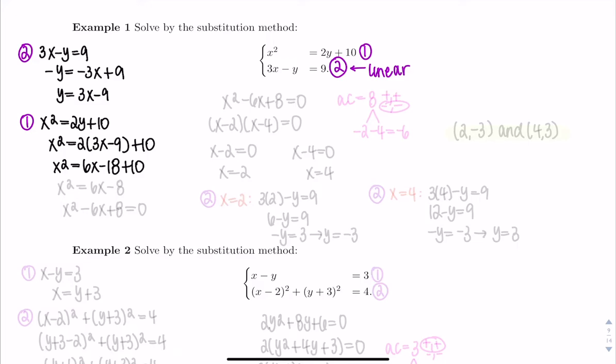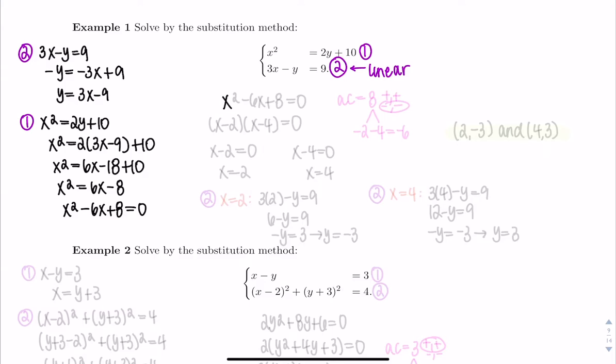We can combine like terms. So we have x squared equals 6x minus 8. Let's go ahead and set this equal to 0. So x squared minus 6x plus 8 equals 0. Now the way to solve this is by factoring if possible.